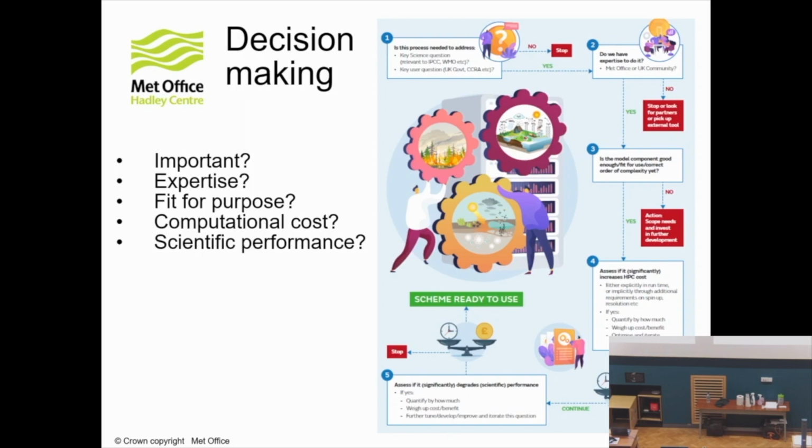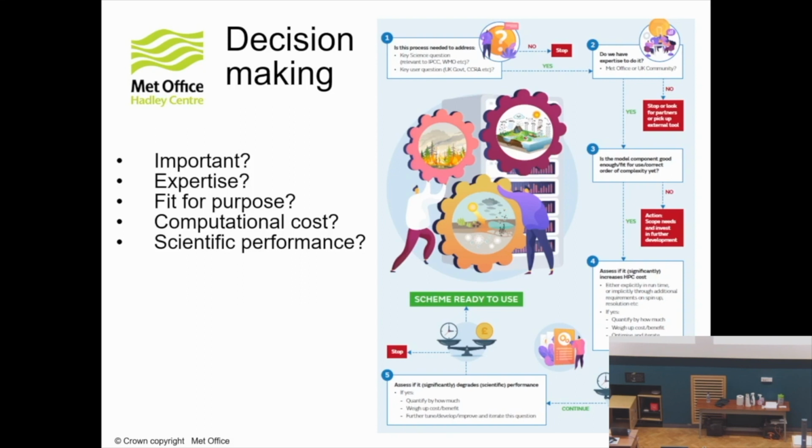Increasingly, with the models based on the Unified Model, computational cost is becoming a real issue. So if the answer is yes, we'll take the hit in terms of computational cost, or we've been able to address any computational cost issues, then the question is: how good is the component once it's integrated within the Earth system model?